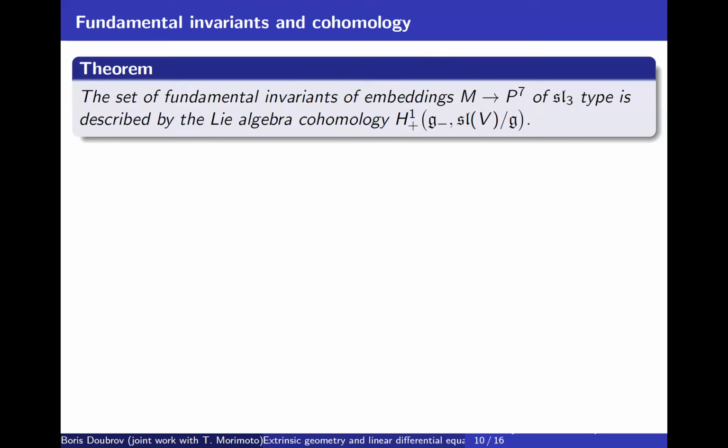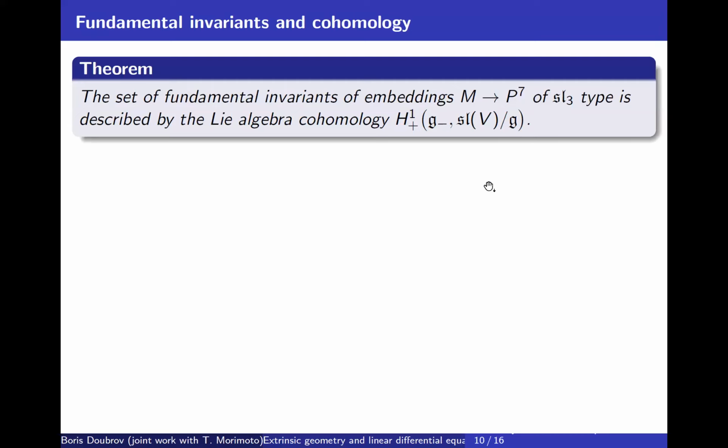In classical projective geometry of surfaces, this would be the cubic form, actually, a certain tensorial object that vanishes if and only if our submanifold is locally equivalent to the most symmetric one.